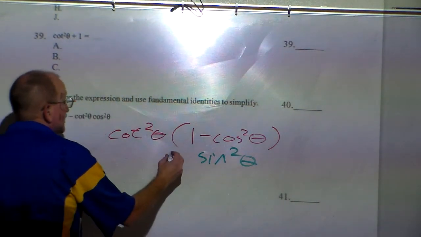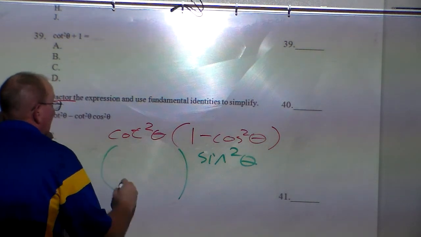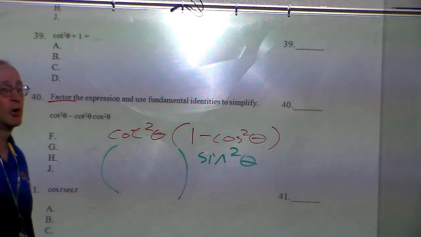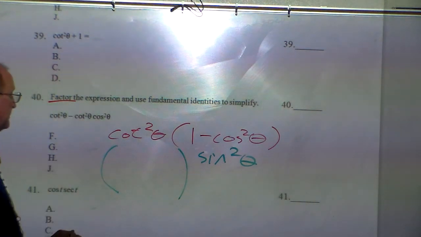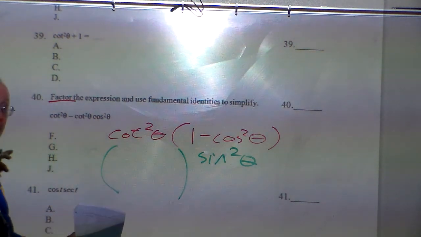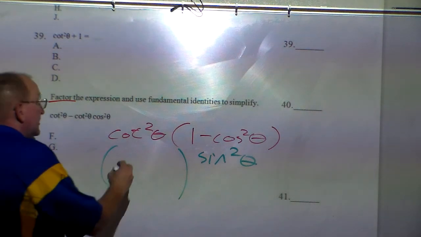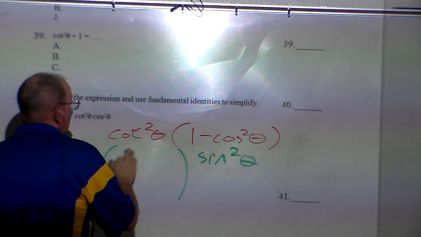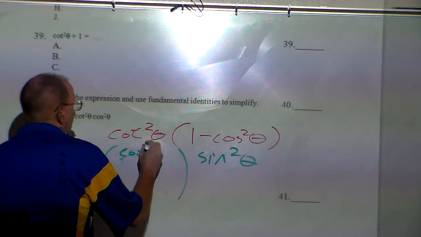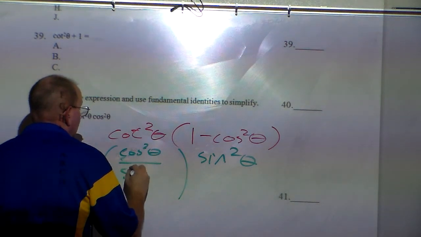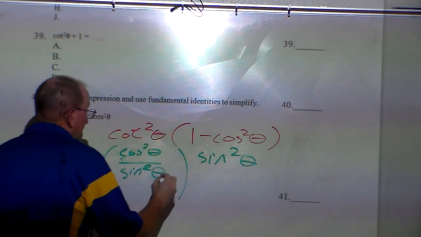And then what I'm going to do is this. I'm going to multiply this by cotangent. If you remember your quotient identities, even though it's a square, cosine is the same thing as cosine squared theta over, guess what? Sine squared theta.